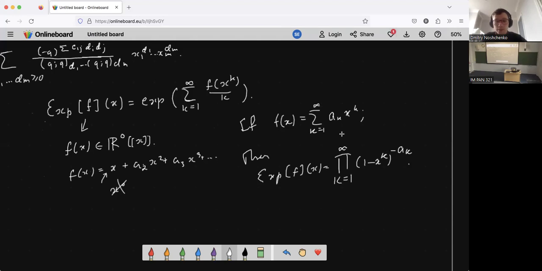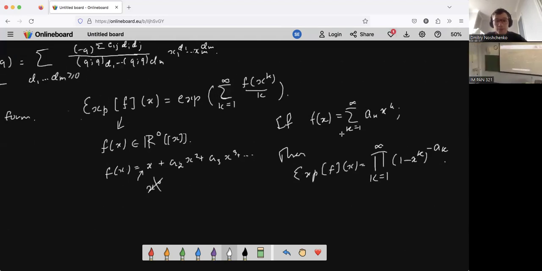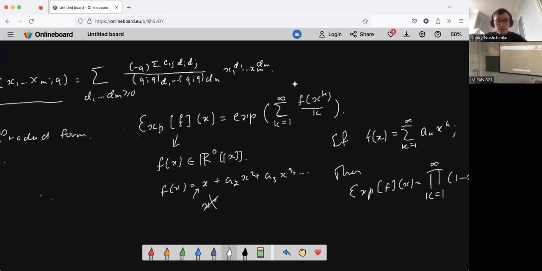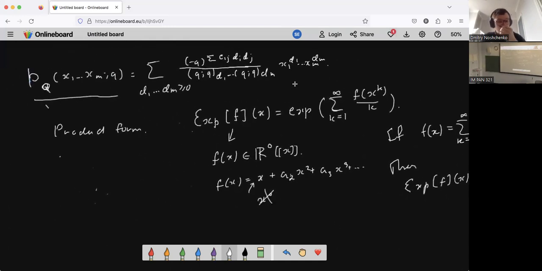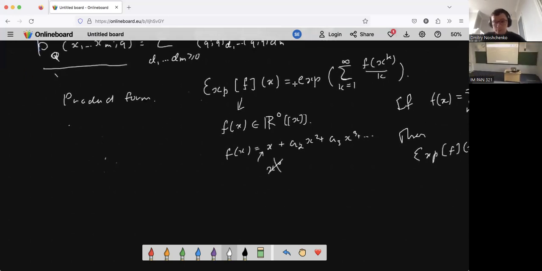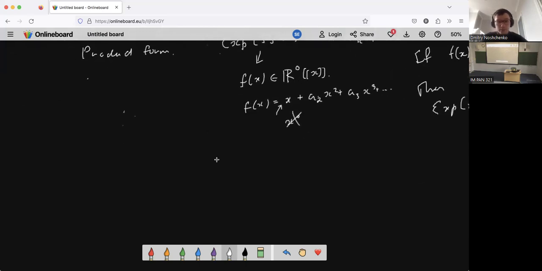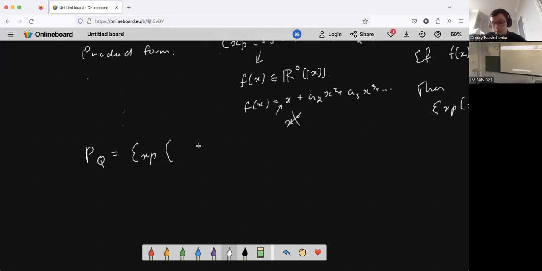And now the crucial thing is that we can take this quiver generating series that we have here, and we can rewrite it using the plethystic exponential. So we can write P_Q as a plethystic exponential of, and now we introduce some notation, in the exponent we introduce omega_Q, which is some function of x1, ..., xm, and q, divided by 1 minus q squared.